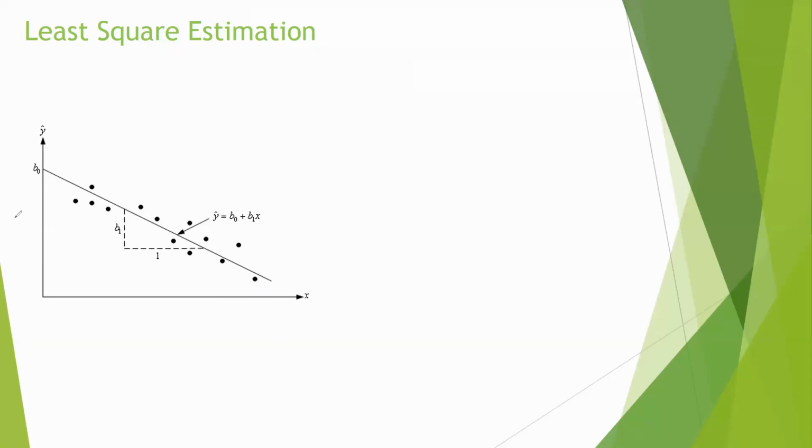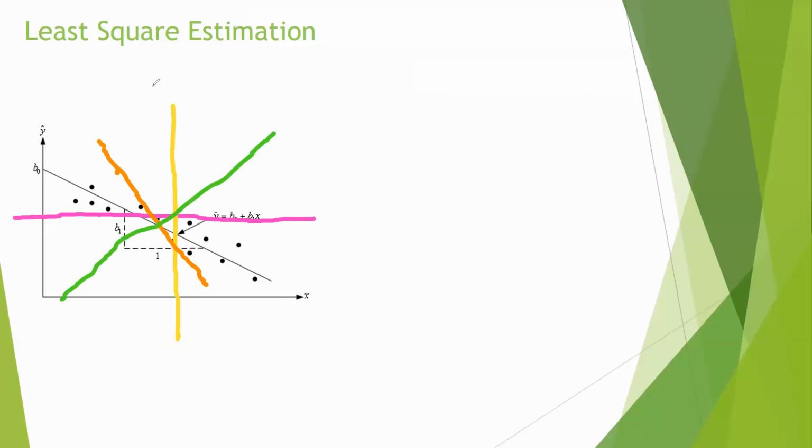So we can use a line like this to represent the relationship between x and y, or we can use this line, or this line, or a line like this to represent the relationship between x and y, right?